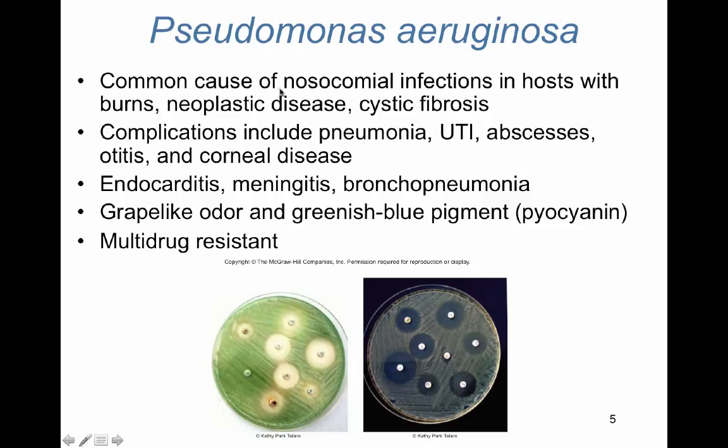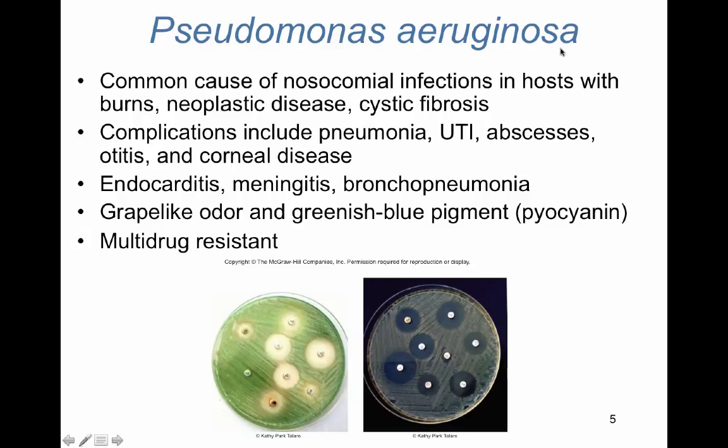Now, the types of infections that this microbe can cause generally are pneumonia, urinary tract infections, and infections of an open wound, earaches, even eye infections. Also, we've seen cases of meningitis, and a lot of times these opportunistic infections are found in cases where individuals have suffered burns or chronic diseases like cancer or even cystic fibrosis.